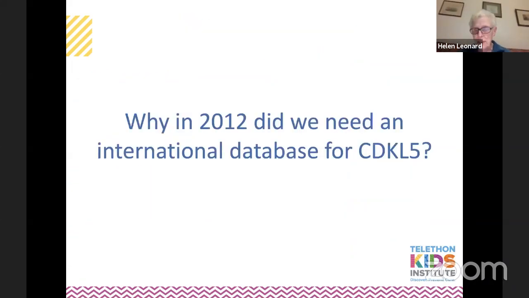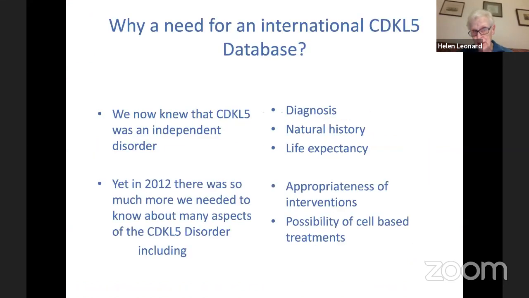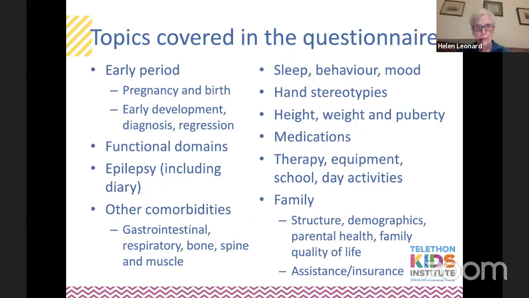So why in 2012 did we need an international database for CDKL5? We knew it was an independent disorder, but we needed to know much more about diagnosis, natural history, life expectancy. But what I want to focus on is the clinical variation in CDKL5 disorder.